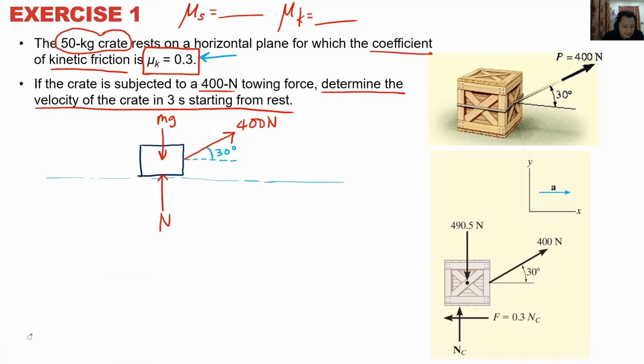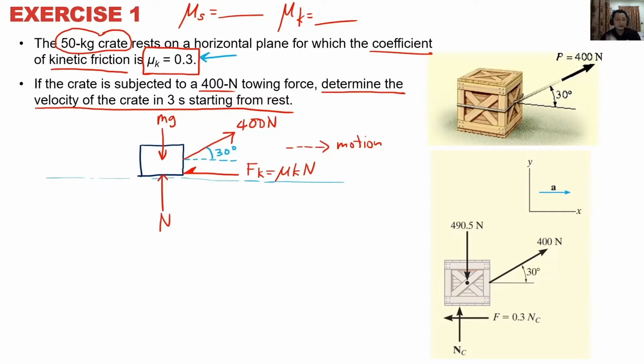From our previous understanding, when you have friction, and this is the direction of motion, you will have a resistance due to friction. This one is called Fk, which is mu k times normal. Fk stands for kinetic friction, so you're using mu k, the kinetic friction coefficient.